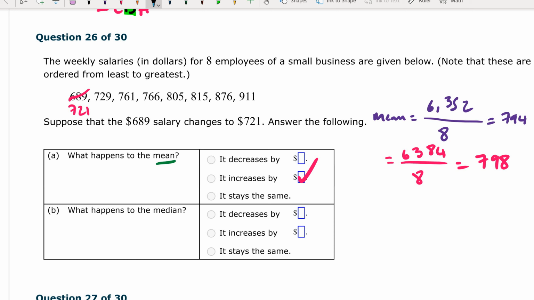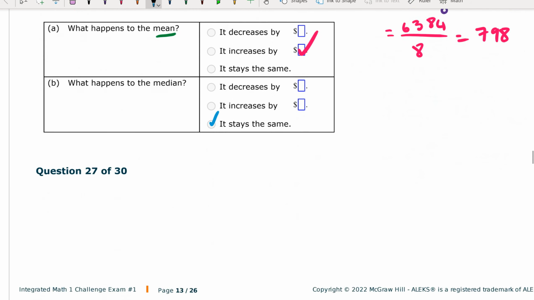So the median will stay the same. 1, 2, 3, 4. 1, 2, 3, 4. The median will be right in the middle. You're going to add those two numbers and divide by 2 to find the median. But in this case, it will stay the same because 721 didn't change the order of the set. It's still the least number. So it stays the same.